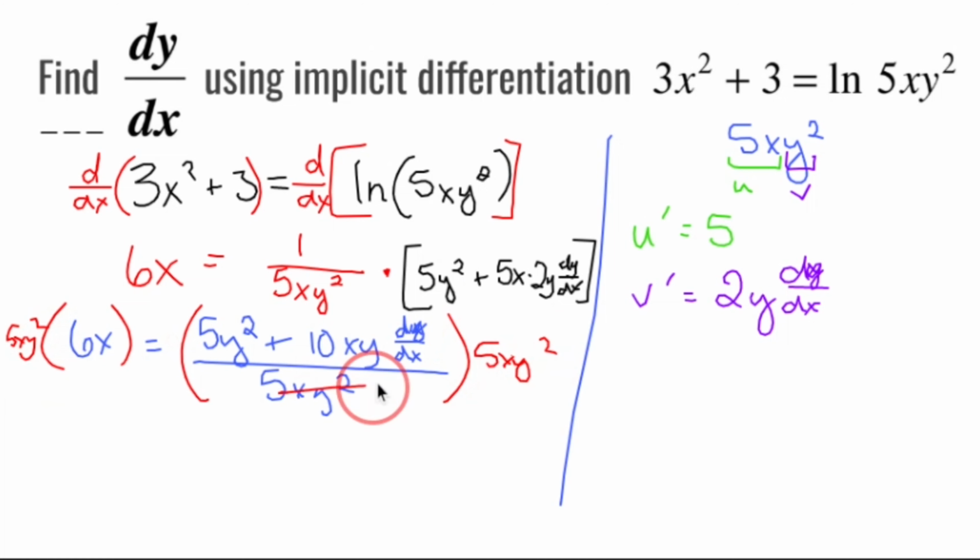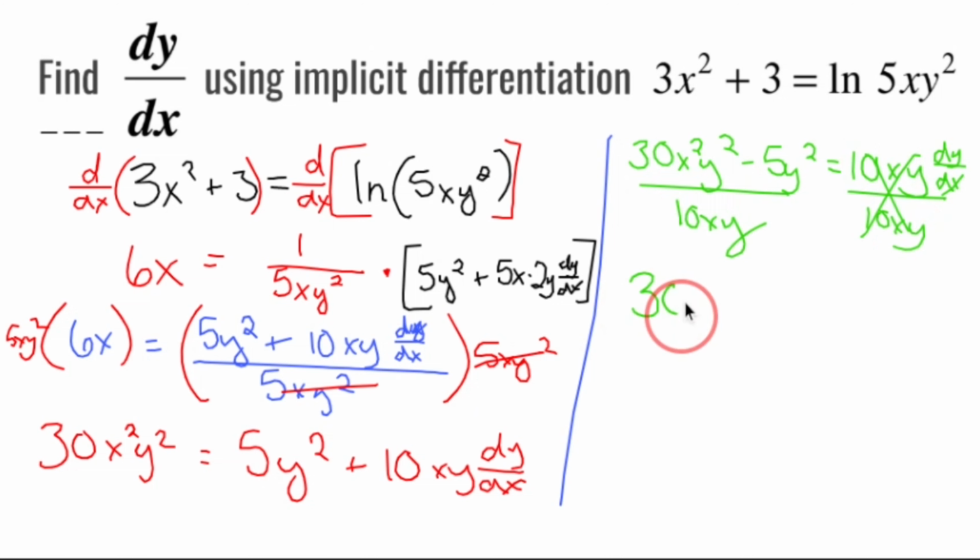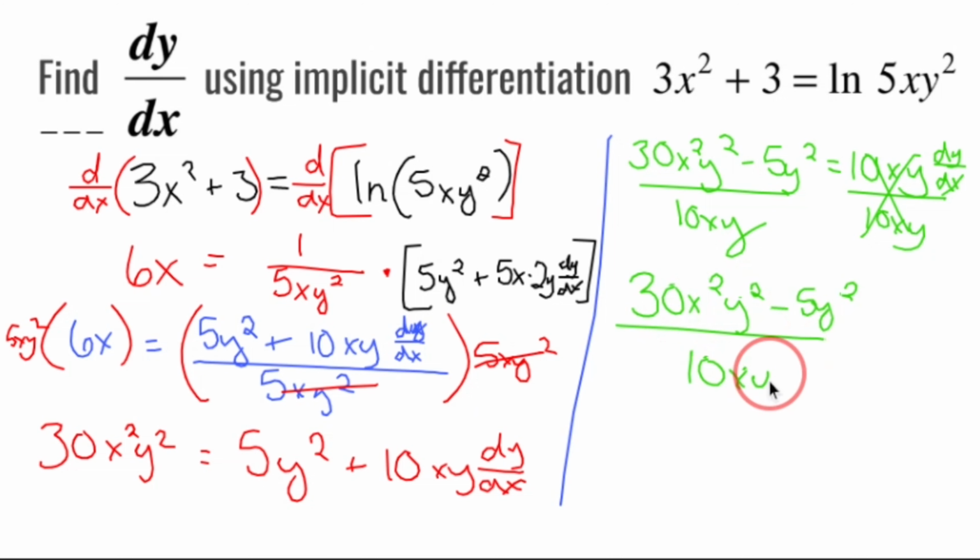Things cancel out. That leaves me with 30x squared y squared minus 5y squared over 10xy equals dy dx. So let me flip the dy dx to the left. What I notice is all three of these terms have a y in common and a 5 in common.